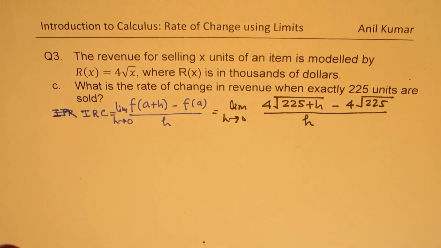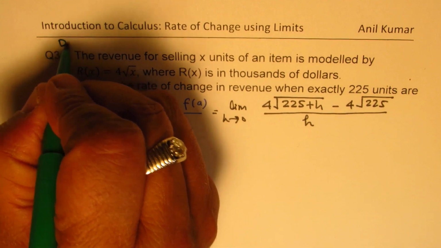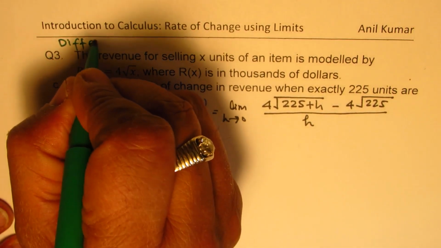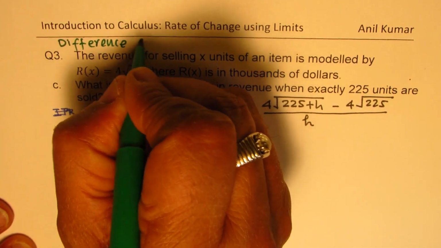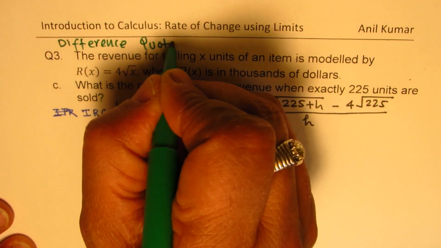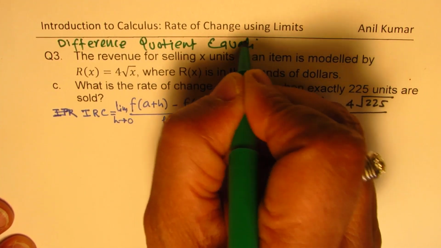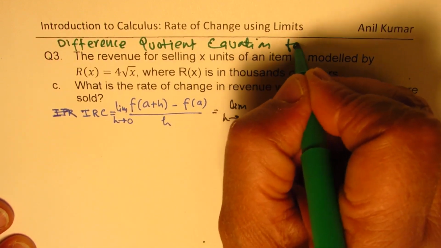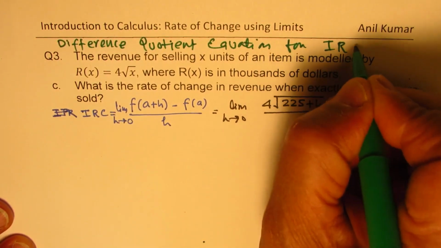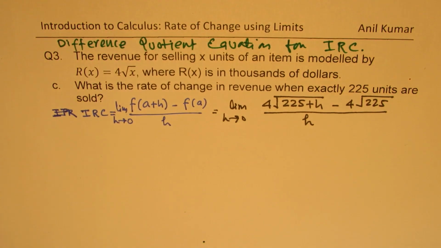So that becomes the expression for the instantaneous rate of change, right? So we call this the difference quotient equation for instantaneous rate of change, correct? So using this equation, we can now find the solution, correct?